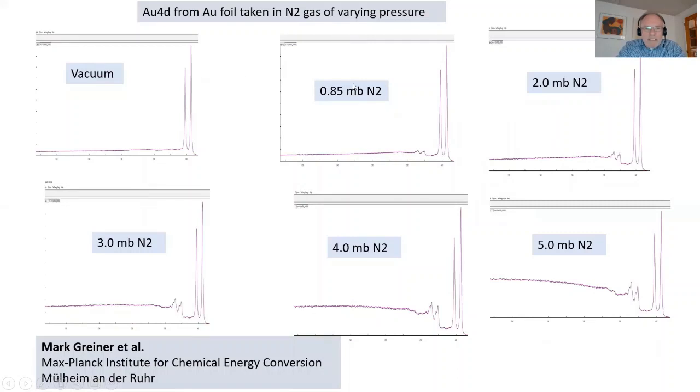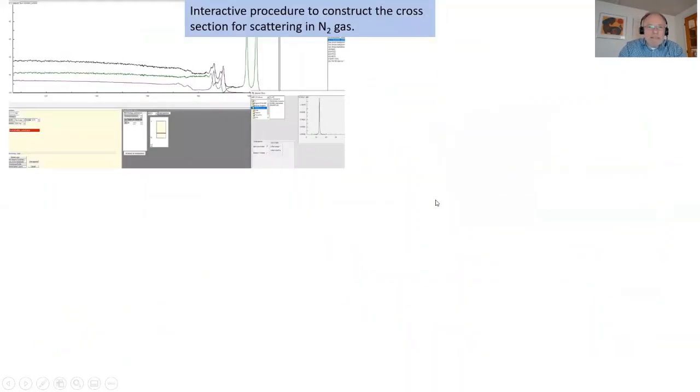As a function of gas pressure, of course, the effect of the gas increases, and we'll look at these. This shows how the cross-section is constructed.